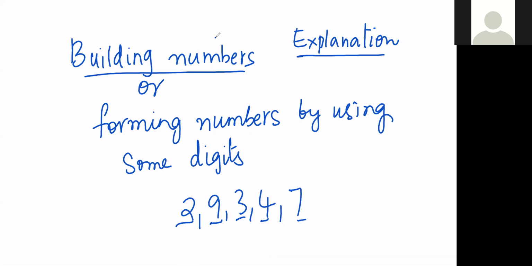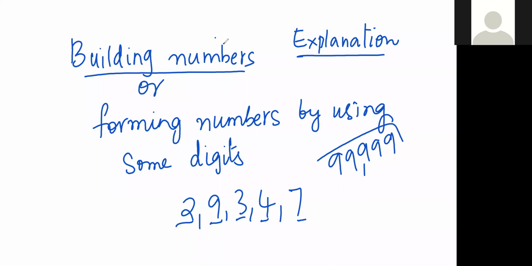By using these 5 digits, now I want to build or form a 5-digit number, but it should be the greatest 5-digit number. You all know that the greatest 5-digit number is what actually? 99,999.